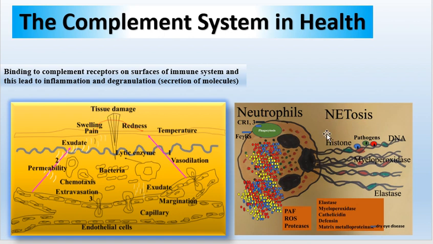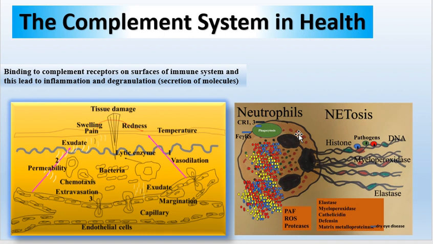So, as can be seen here, these are neutrophils. They express receptors for complement components, CR1 and CR3 receptors. So when the microbes or antigens coated with complement bind to these receptors, this will activate the neutrophils.